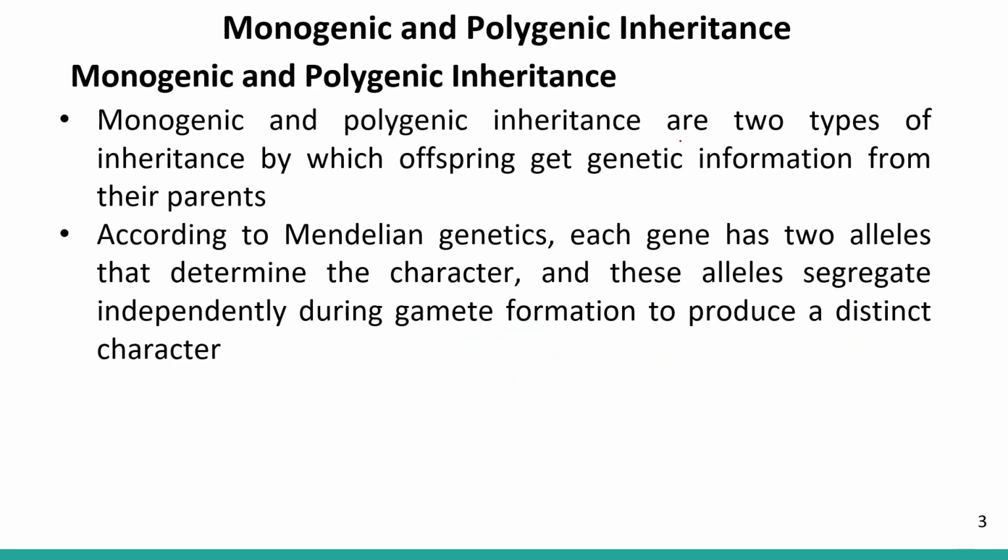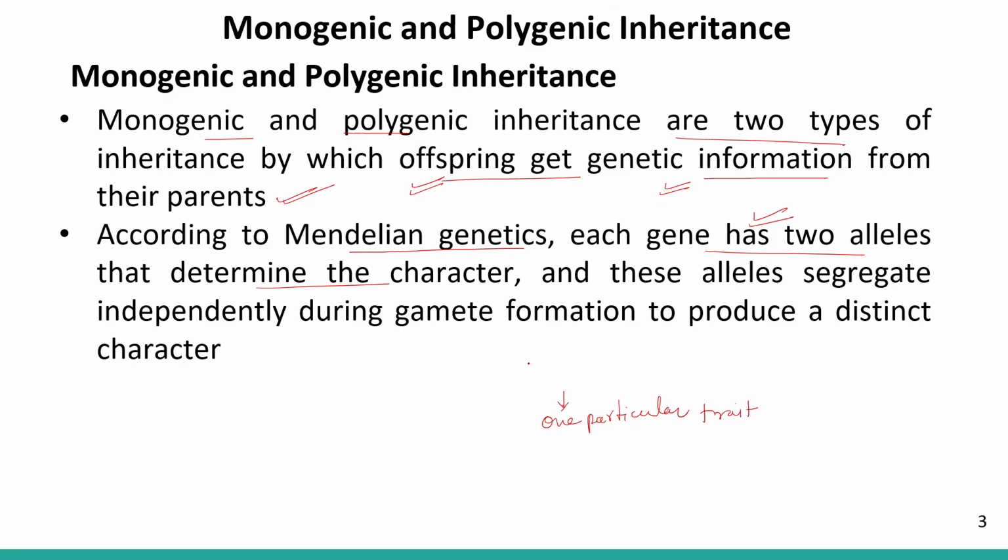Monogenic and polygenic inheritance are the two types of inheritance by which offspring get genetic information from their parents. Whether it is monogenic or polygenic inheritance, offspring get their information from the parents only. According to Mendelian genetics, each gene has two alleles that determine the character for one particular trait.